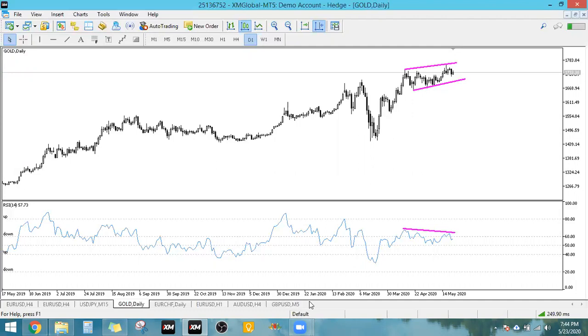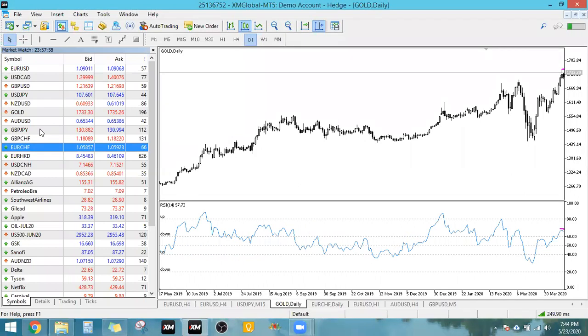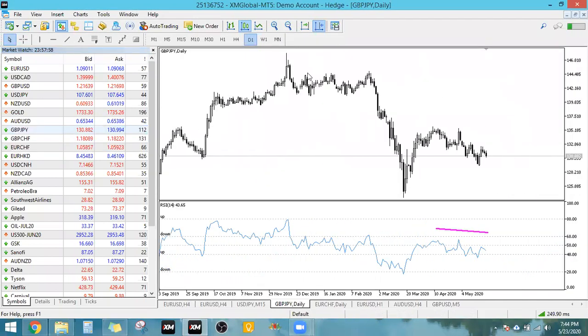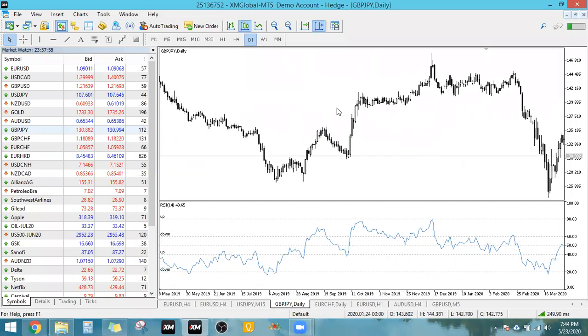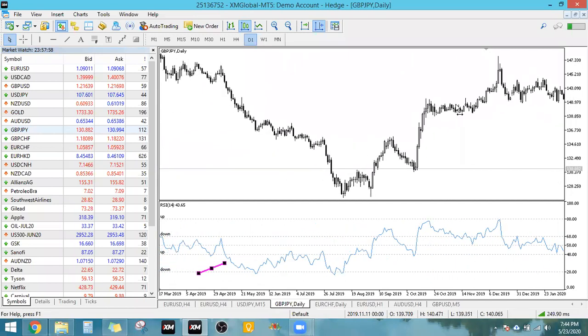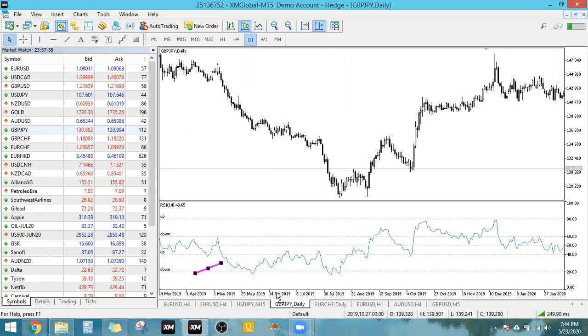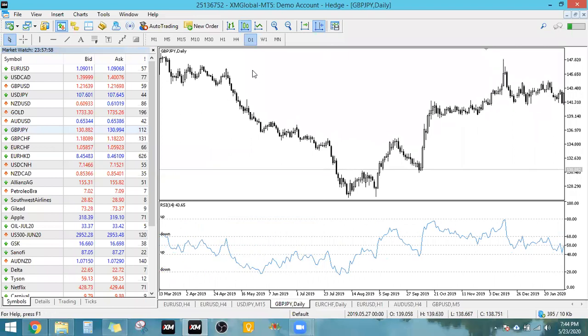All right. Let's have another example. GJ. GBP, JPY. Okay. So, GJ naman, tingnan natin. If we see some market reversals. Kasi medyo magulo ang ngayon.